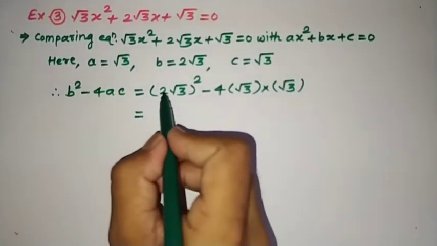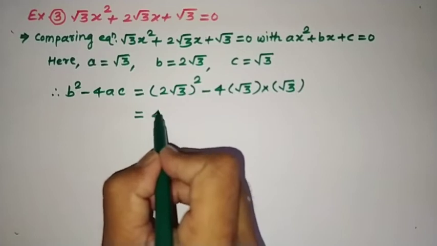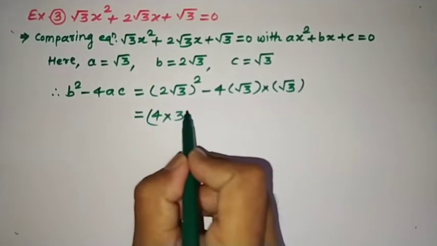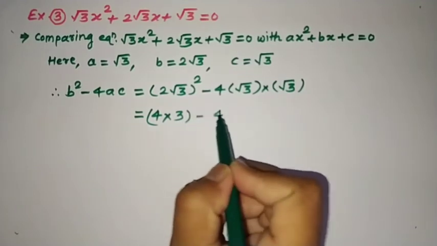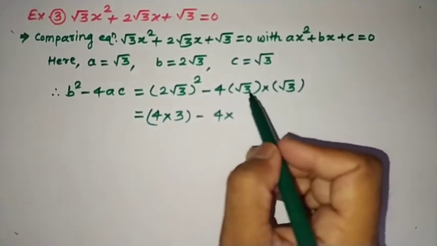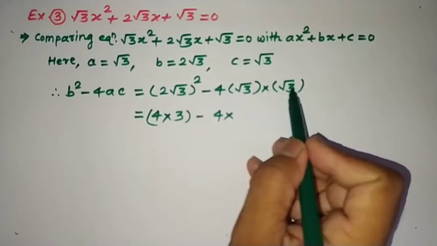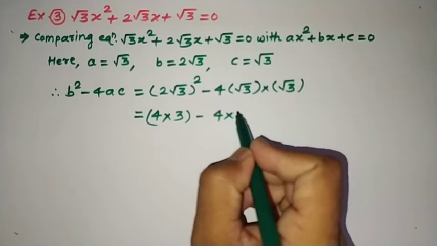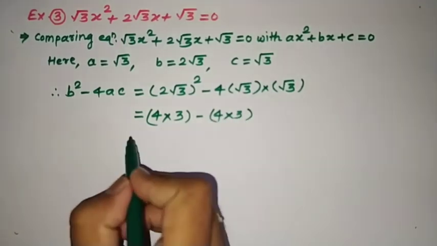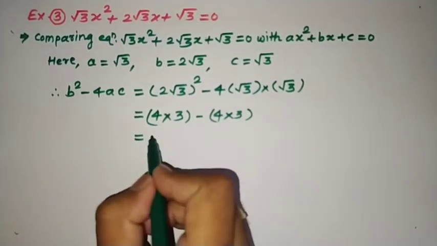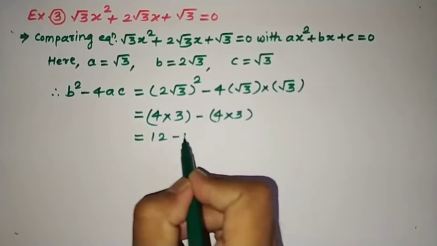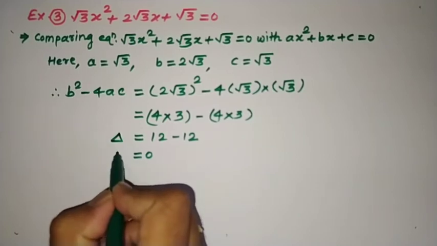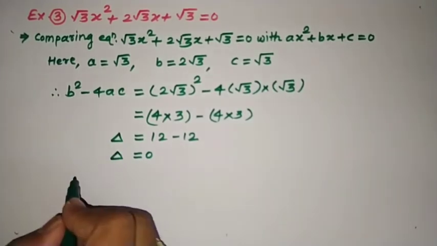The square of 2 is 4 and the square of root 3 is 3, minus 4 into root 3 into root 3, which is root of 9, and root of 9 is equal to 3. 4 threes are 12, 12 minus 12 is equal to 0. The value of delta is equal to 0.